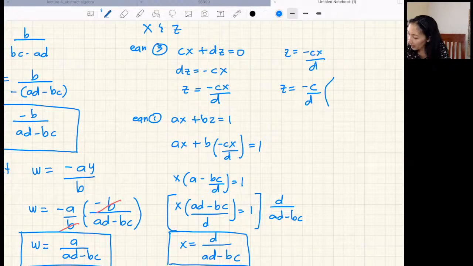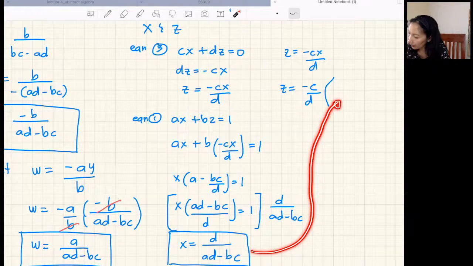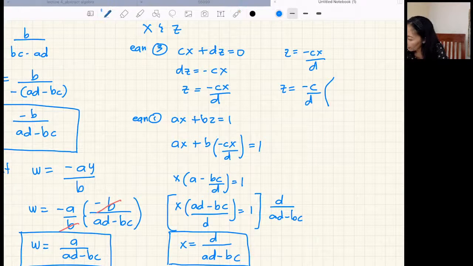X is D over AD minus BC. What will Z be from here? Z will be, D will cancel out.